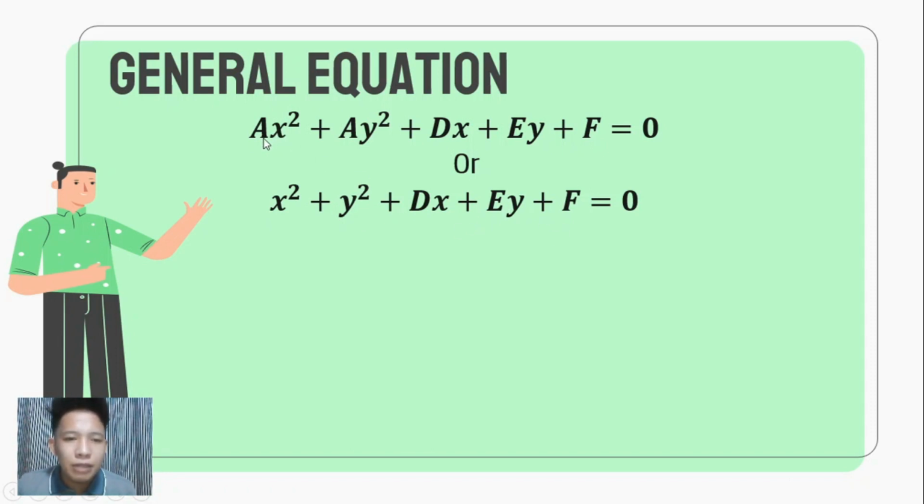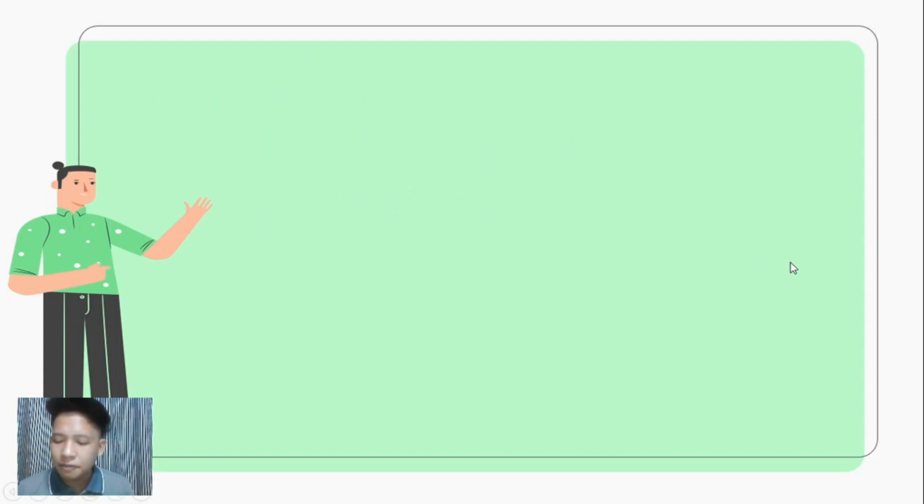The x squared term and y squared term need the same numerical coefficient. Let us now deal with problems involving the general equation of the circle.